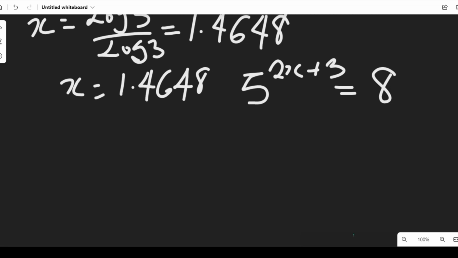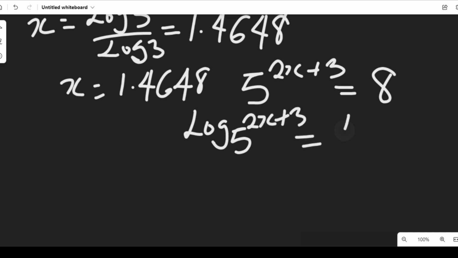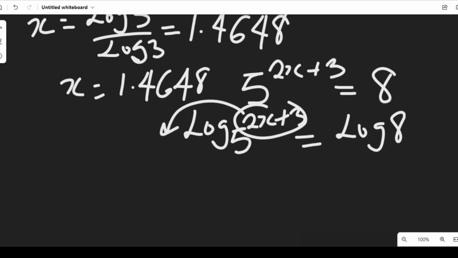To do this, the first thing you need to do is take the log of both sides. So we'll have log of 5 to the power 2x plus 3. That will be equal to log of what? Log of 8. So this whole exponent will move over here according to the laws of logarithm.